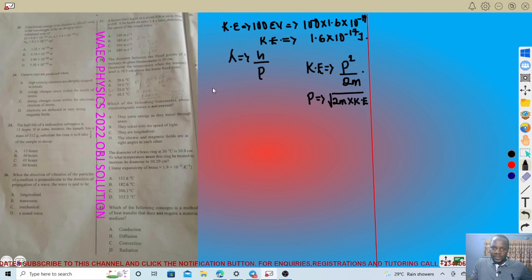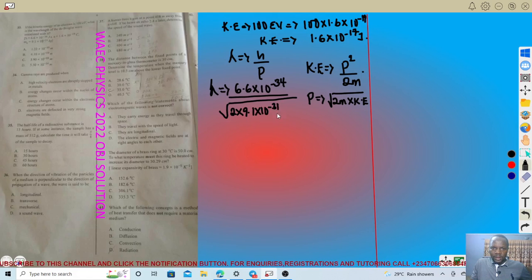So what I just need to press is lambda equals h, the Planck constant, given as 6.6 times 10 raised to power negative 34, dividing all this by the square root of 2m Ke. What is the mass of electron? 2 times the mass of electron, 9.1 times 10 raised to power negative 31, multiplied by 2m times Ke, which is 1.6 times 10 raised to power minus 17.